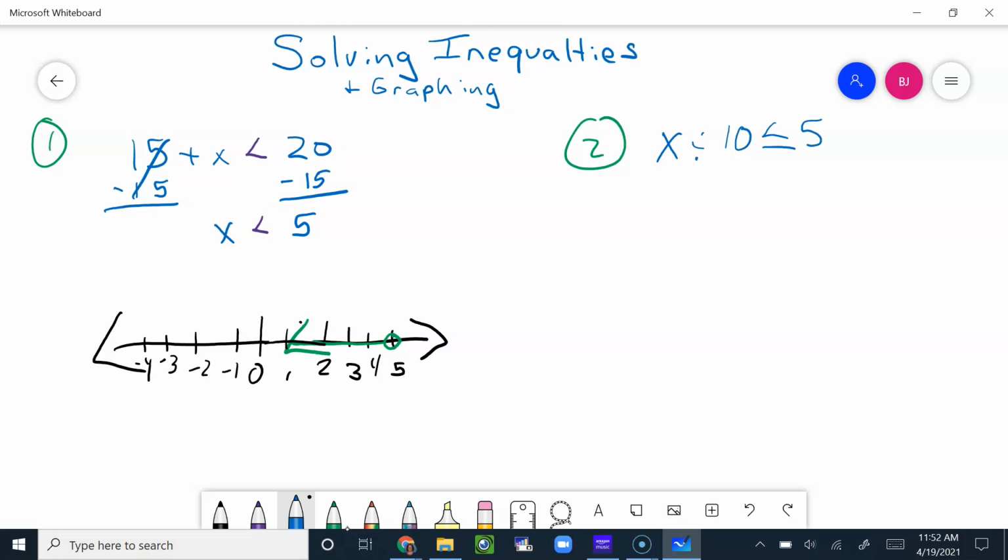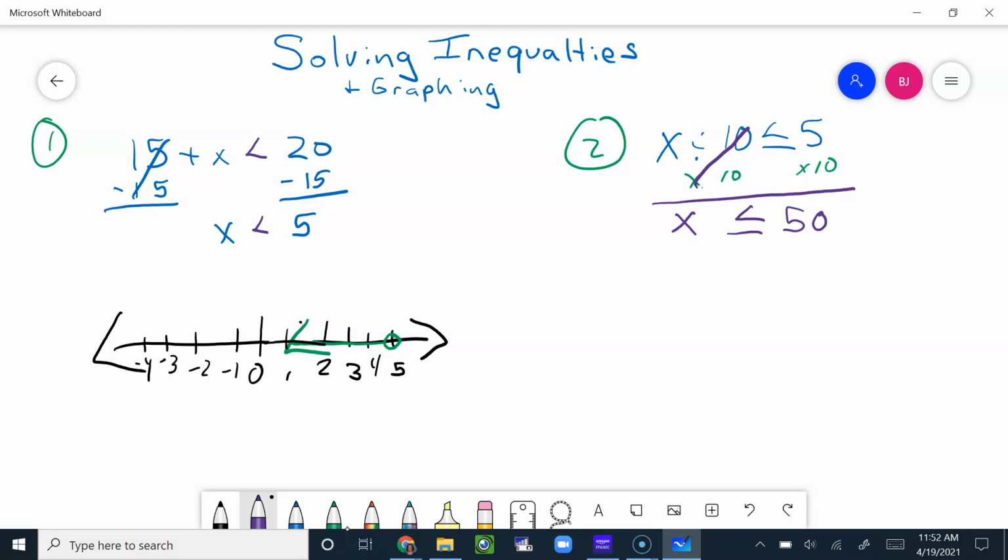Because it's a division, we're going to have to multiply. So I would multiply this side by 10 and this side by 10. These two are going to cancel each other out, and that leaves me with x is less than or equal to 5 times 10, which is 50.